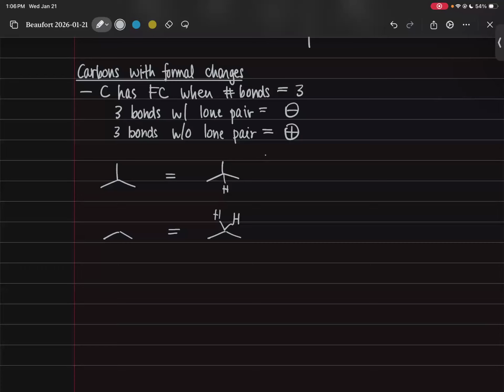Okay, so now let's say that we have that same thing, but we have a lone pair on that carbon and we have a negative formal charge.